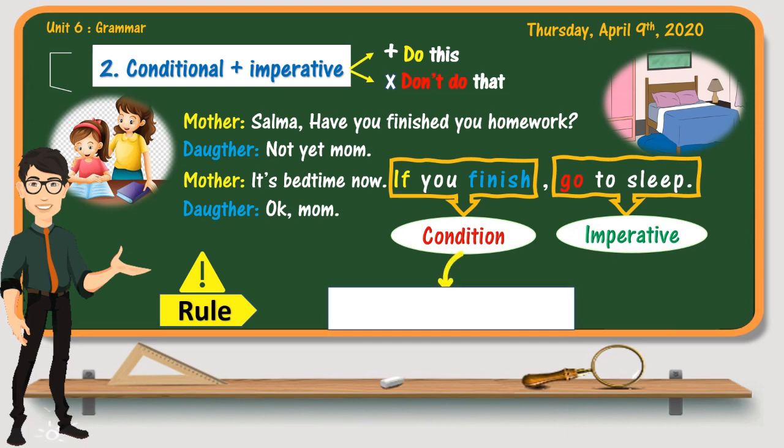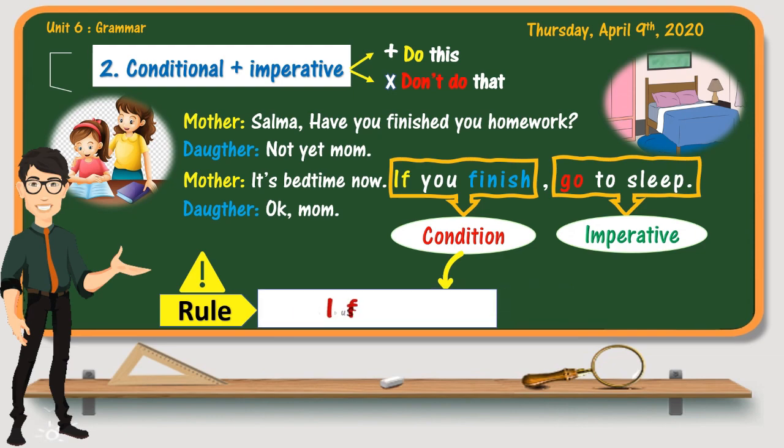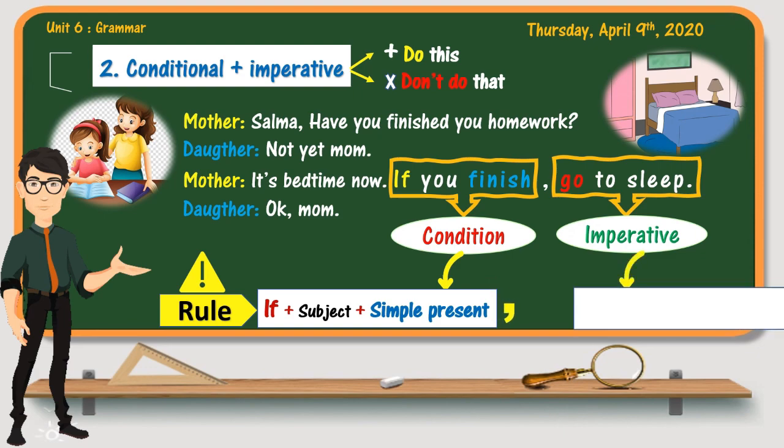So the rule to make imperatives with conditionals: we use if plus subject, like in the example, if you, plus simple present tense, a comma, second part, the imperative verb, which is usually the infinitive, as we have seen.